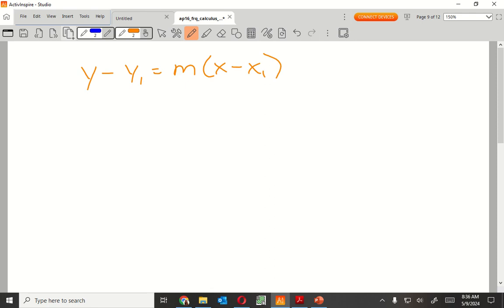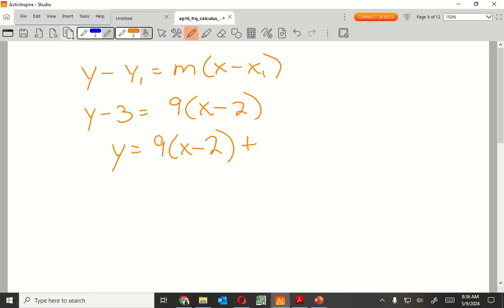It was a 3, right? 3. Okay. So y minus 3 equals 9 quantity x minus 2. Okay. Now I get y equals 9 quantity x minus 2 plus 3.